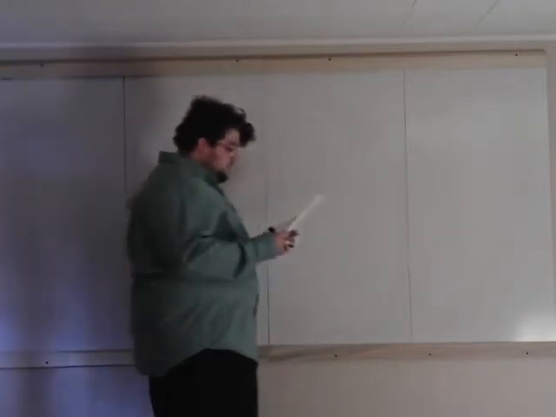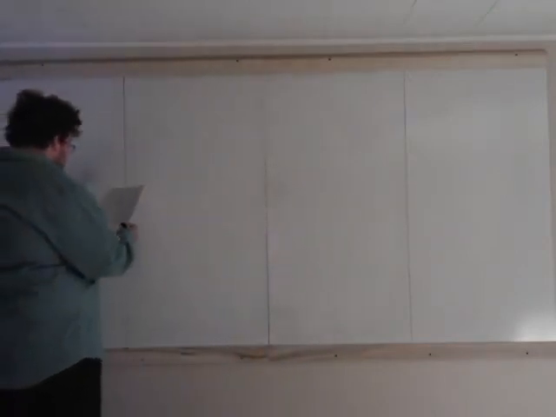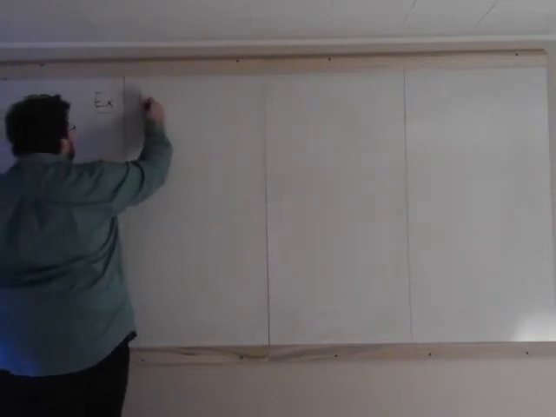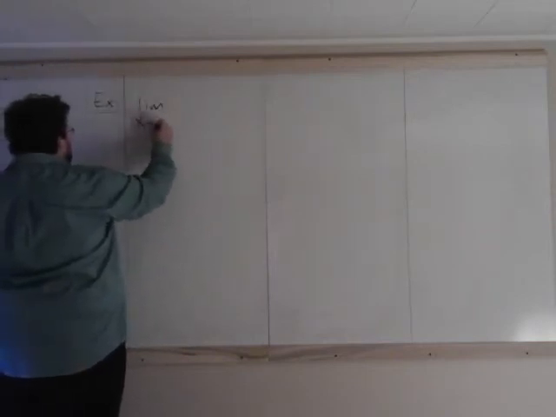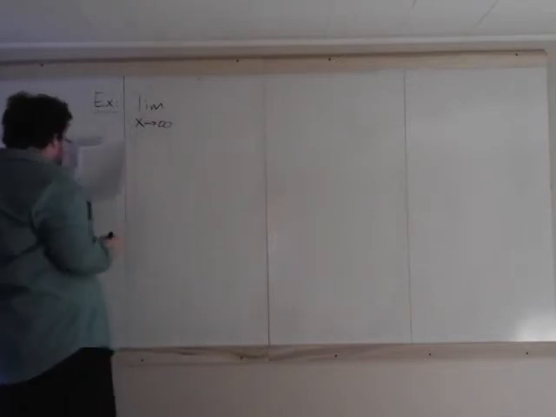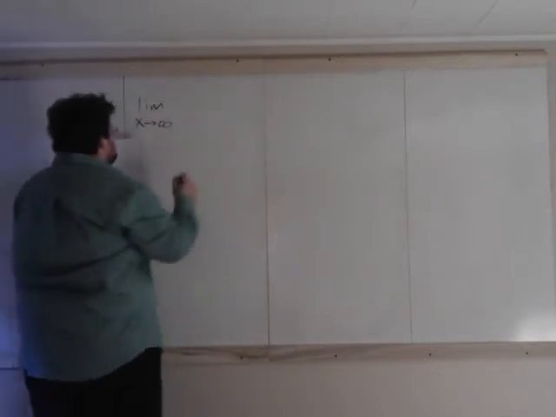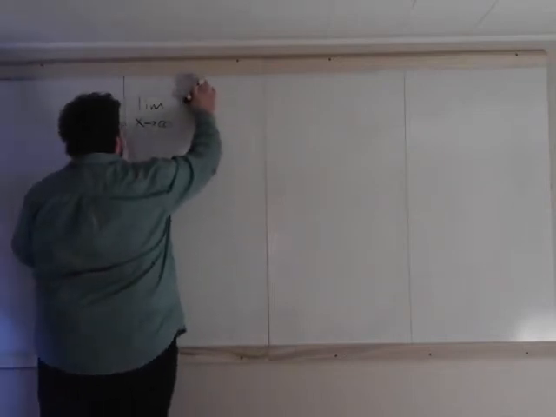So first, let's do this example. Limit as x goes to infinity. Let's do a rational function, so a polynomial over a polynomial.